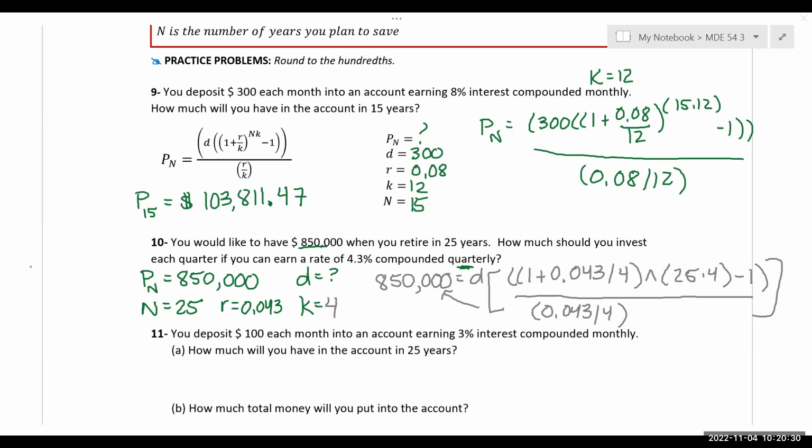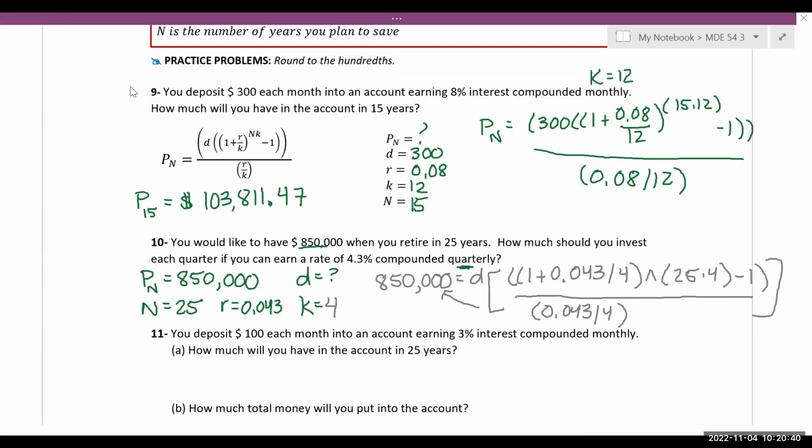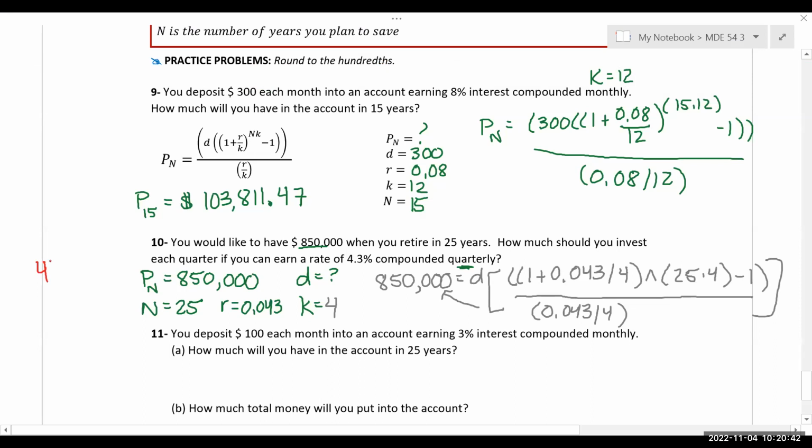So it was 4,775.95 per quarter. So that's every 3 months how much you need to be putting in to get to that 850,000 when you retire.